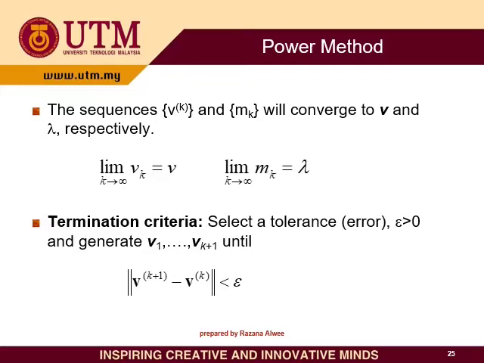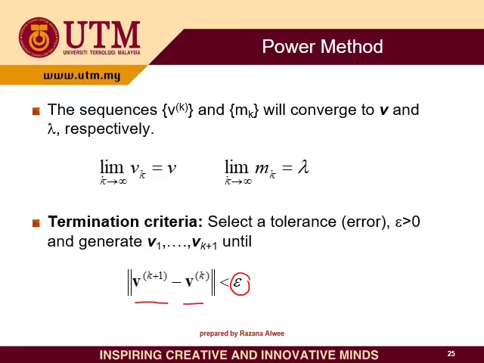The termination criteria here is where we have the vector v minus the previous vector, and it is less than our error that we have set. As mentioned before in chapter 6, we know we have our error. So if it is less than the error, then you can stop the calculation.